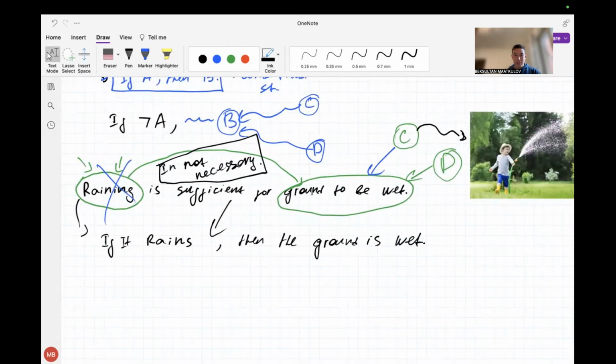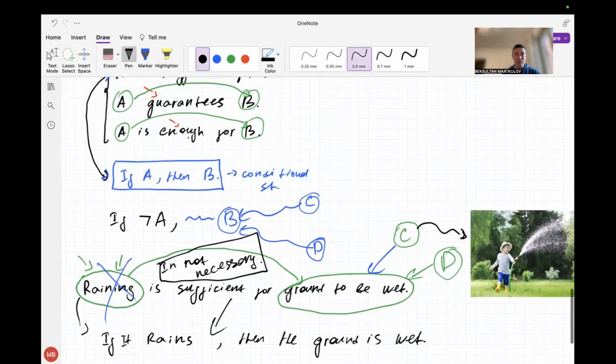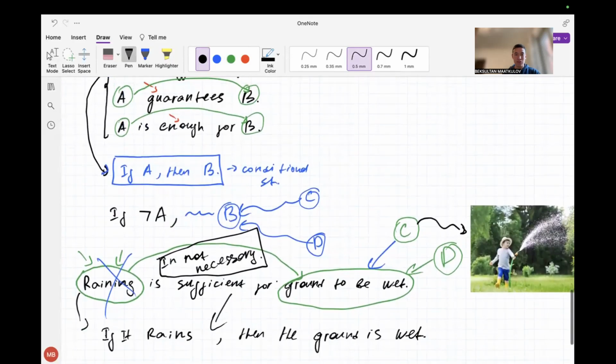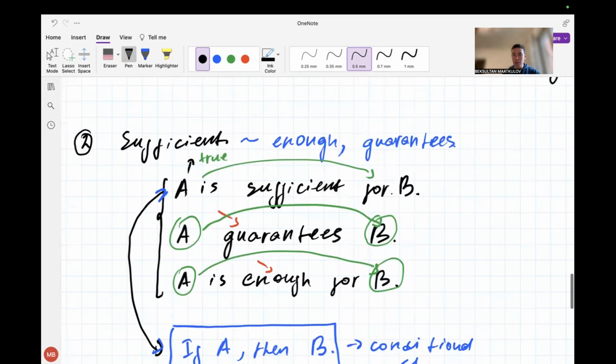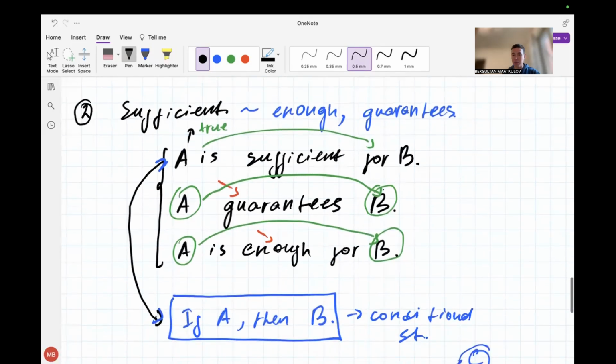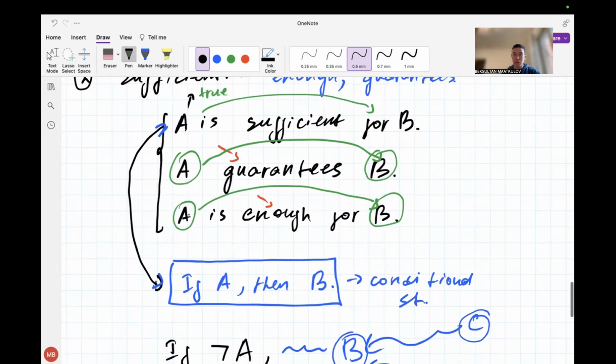All right, so anytime you have A is sufficient for B, basically it means that A guarantees B. If your A is true, then your B will be true as well. And also you can use that A is enough to make B true.